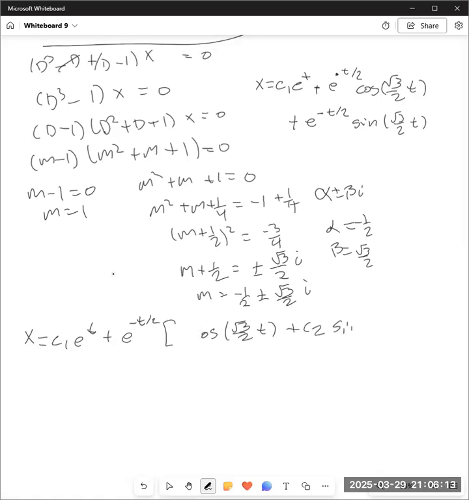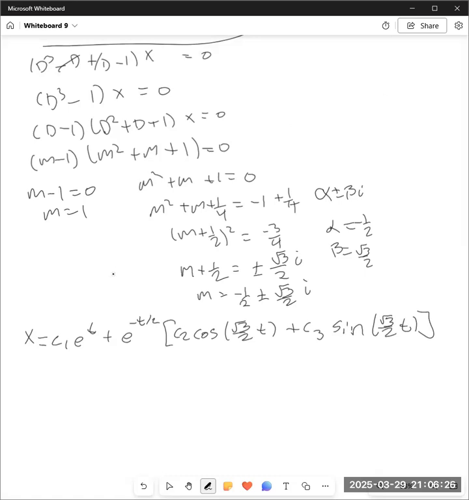Sorry, this is c2 because c1 is already out there, and this is c3 sine root 3 over 2 t, like that. There we go. You can distribute the e to the negative t over 2 inside the parentheses if you would like to. That is my x equation right there.